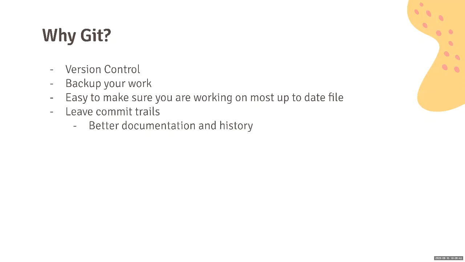It saves everything that you're doing, just like how Google Drive incrementally saves. You have to do it a little bit more manually, but you still incrementally save stuff. And you leave behind commit trails. So one thing in GitLab is commits. That's just basically saying, hey, I did this bunch of work.